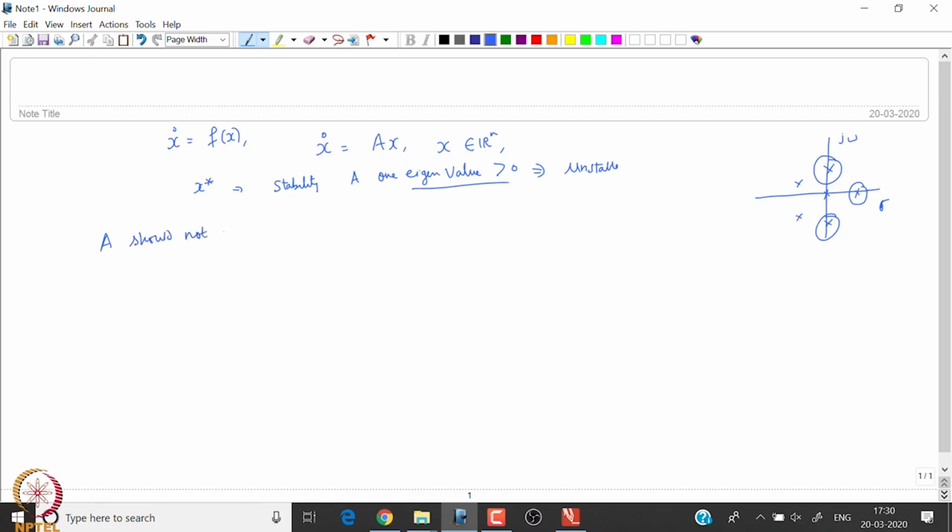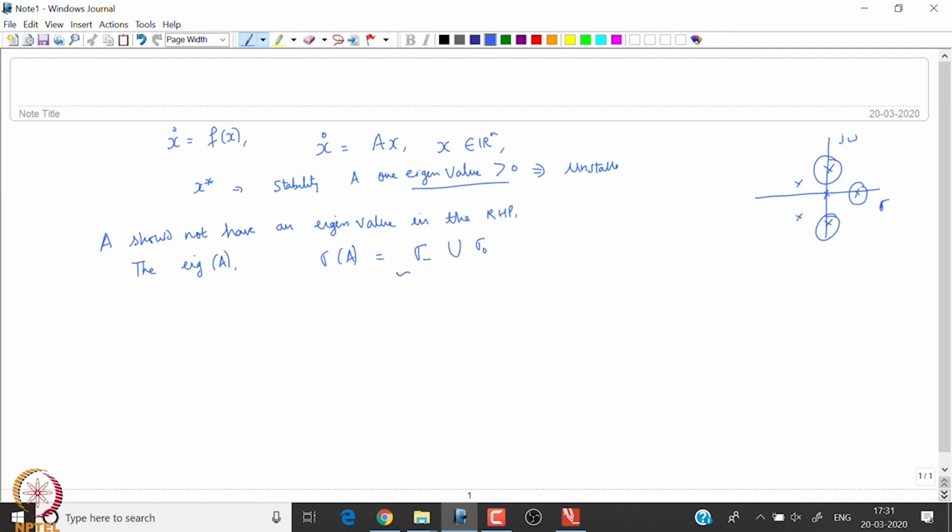Okay. So once I rule out that possibility, A should not have an eigenvalue in the right half plane, then the eigenvalues of A can be written as a disjoint union of all the negative eigenvalues and all eigenvalues on the imaginary axis.